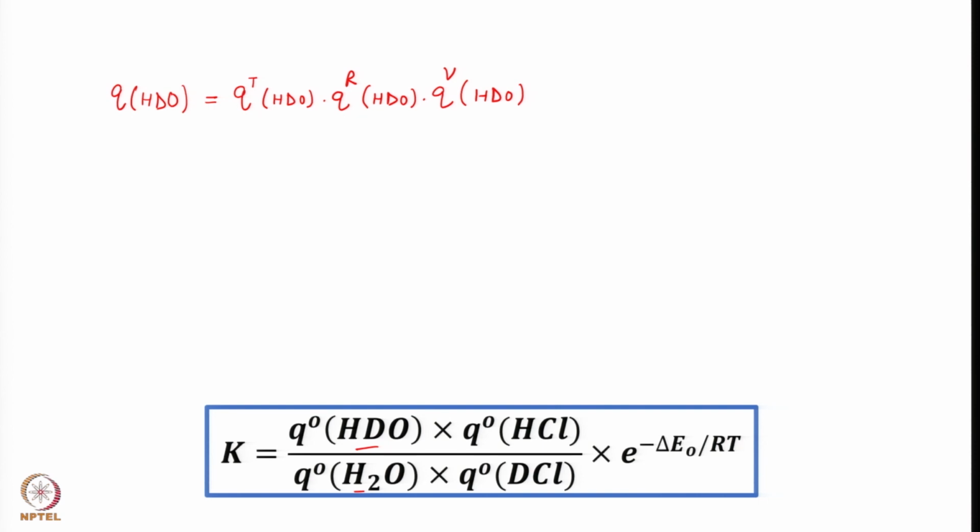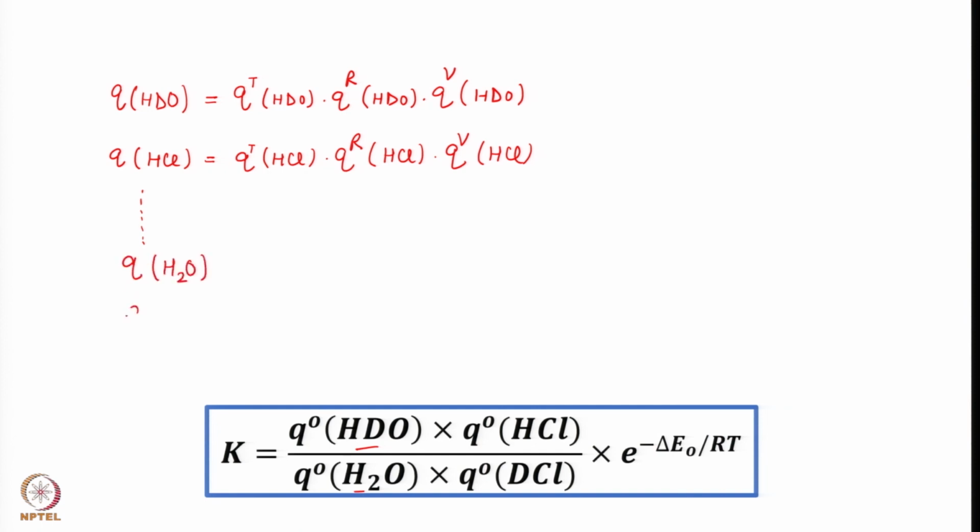So, I am not including the electronic contribution. And similarly, you will also have Q for HCl. This also you will have QT HCl, it can undergo rotation also, into Q vibrational HCl, and similarly I can write for Q H2O and Q DCl.